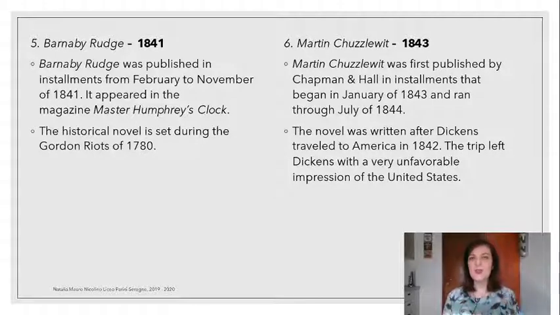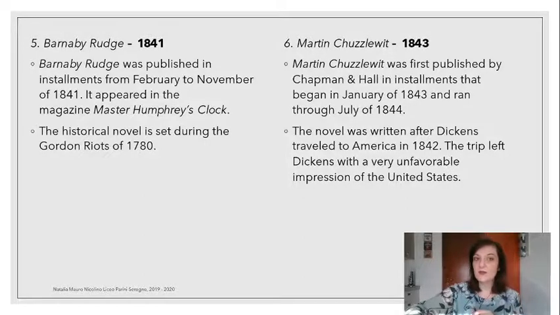The idea that we have of America that comes out of this novel is not a good one. Dickens, in fact, went back from the United States with a very unfavorable impression of the life of the United States of America.